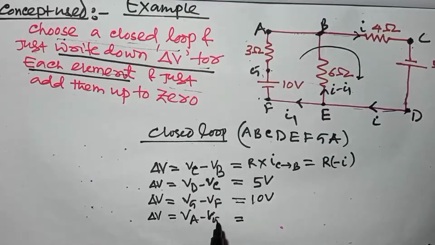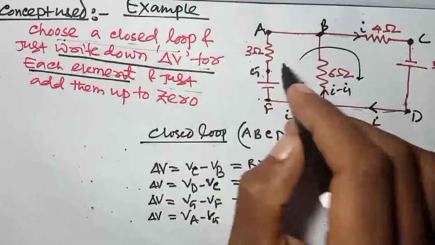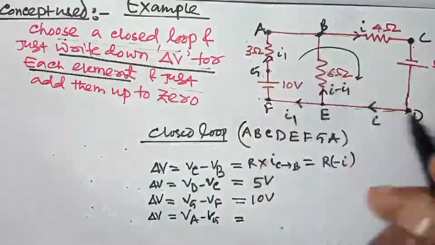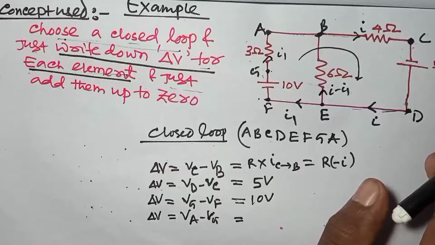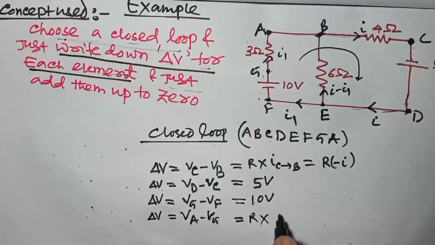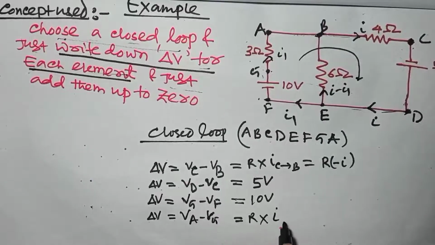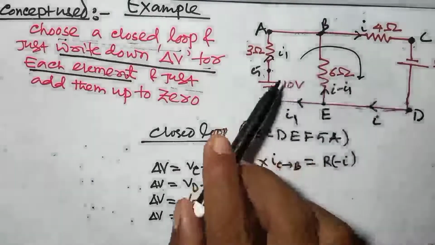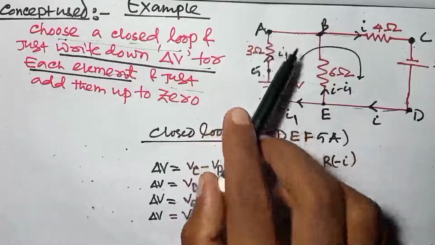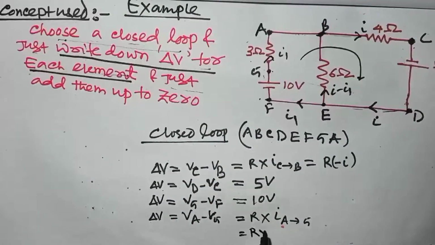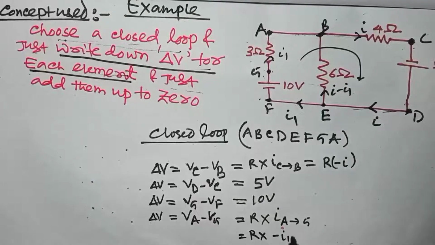And this is Va minus Vg, where the current I1 is flowing in this direction. So Va minus Vg will be the resistance times the current flowing from A to G. I1 current is flowing from G to A, so minus I1.